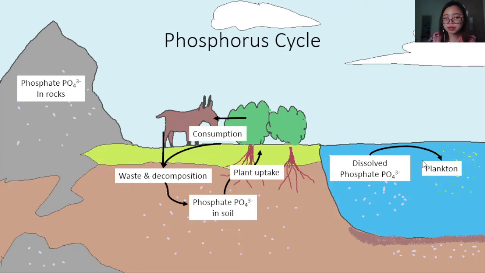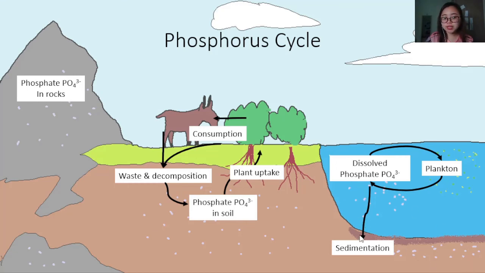So they take it up directly. And when they die or when the plankton excrete, they can excrete material, although we don't count it as poop. They can produce excretions, and those excretions can release more dissolved phosphate back into the water. The dissolved phosphate could also fall to the bottom of the water and become sediment. So it may settle at the bottom of the water, the seabed, the riverbed, and become part of the sediment.